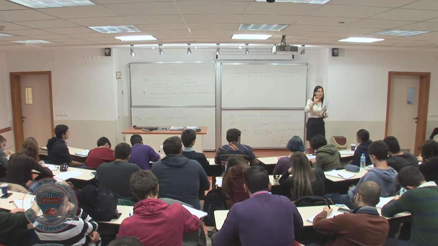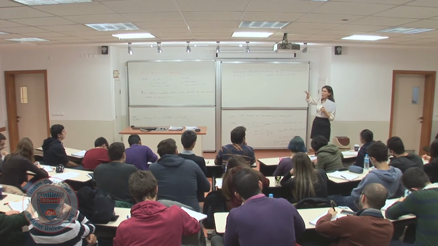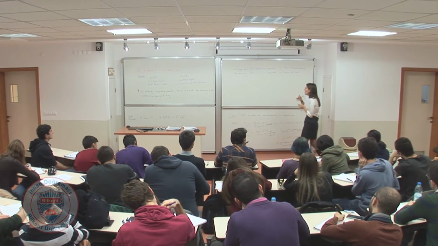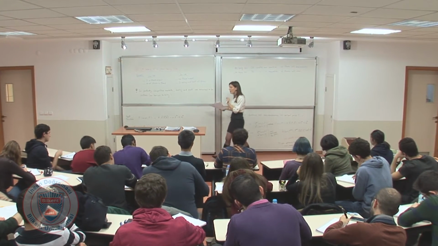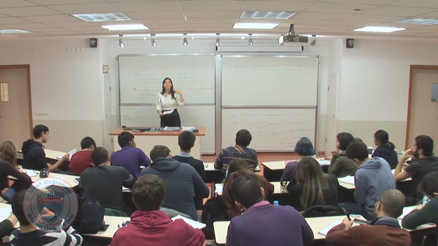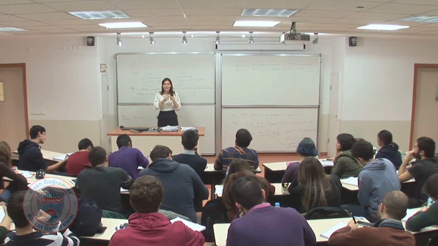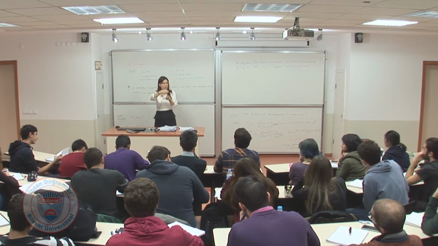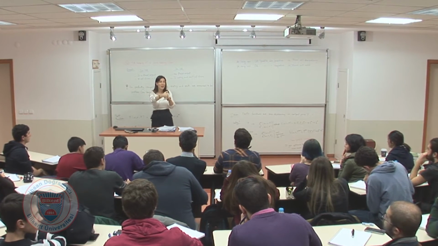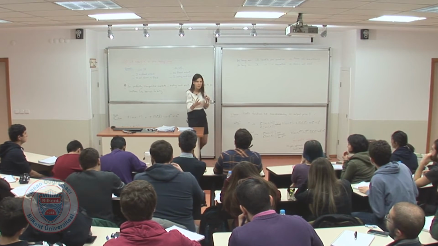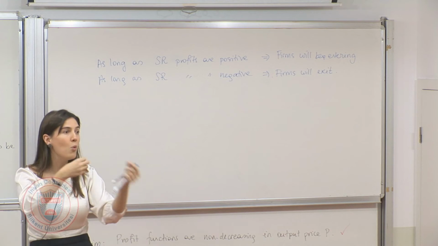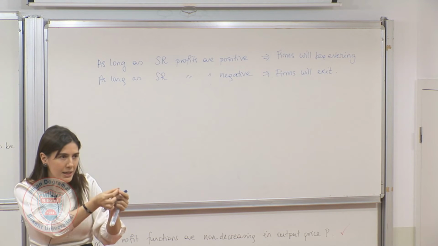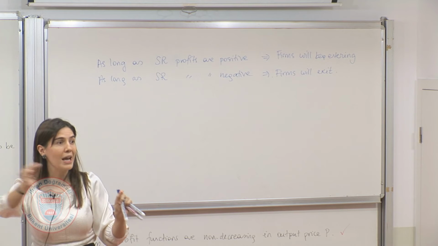Now, let's try to show how this is going to affect the market in the short run, right? Always keep in mind that whenever we talk about the long run, a long run equilibrium might have a transitionary period, okay? From one long run equilibrium to another long run equilibrium, there is what we call the transition dynamics, right?